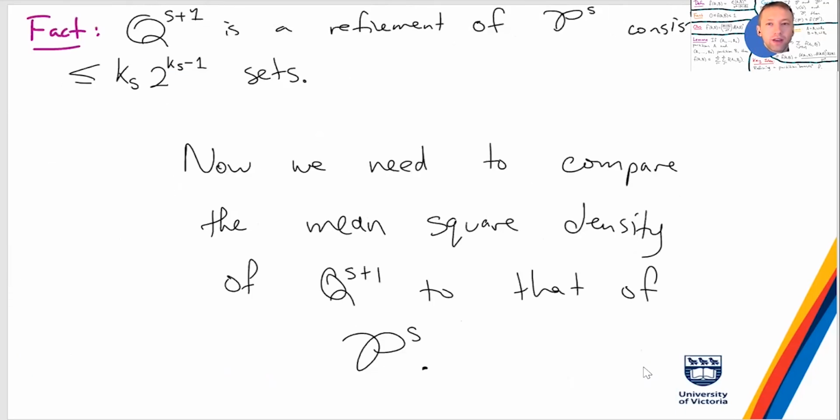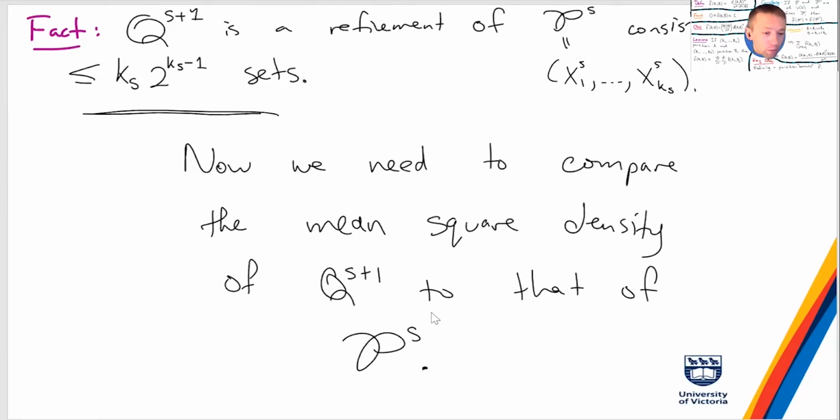Okay. So this is a fact; we've analyzed how these numbers work before. Q^{s+1} is clearly a refinement of P^s, and the number of sets you get is like k_s times 2^{k_s - 1}, where the k_s comes from the number of sets in P. Now we want to compare the mean square density of Q^{s+1} to the mean square density of P^s, and we want to show that it went up a lot.